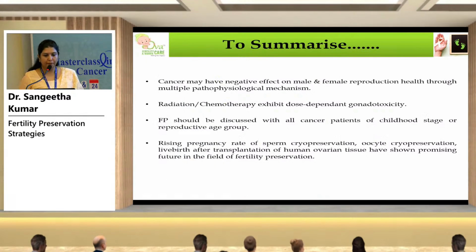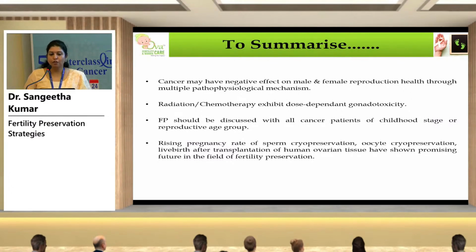To summarize, cancer may have a negative effect on male and female reproductive health through multiple pathophysiological mechanisms. Radiation and chemotherapy exhibit dose-dependent gonadotoxicity. Fertility preservation should be discussed with all patients of childhood stage or the reproductive age group.